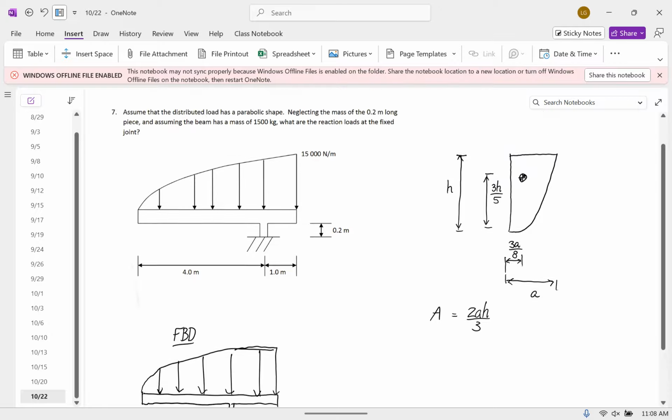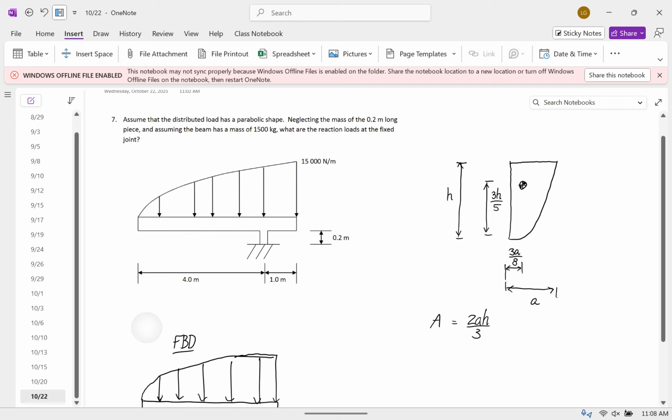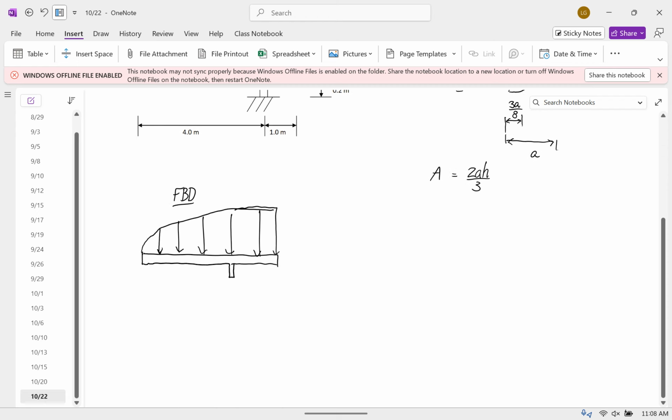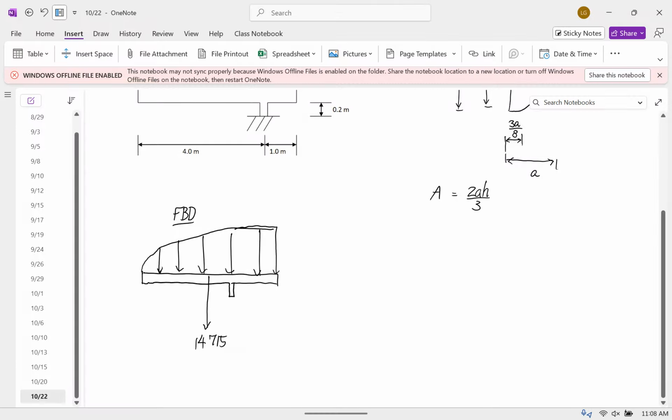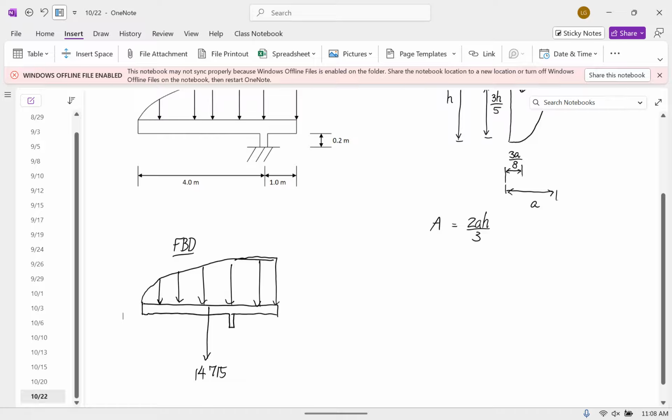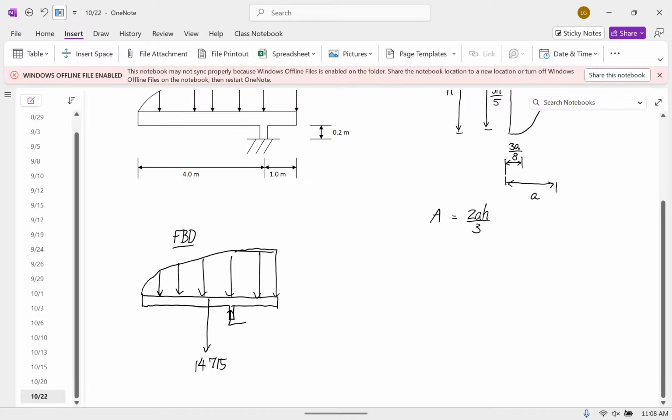And then the other loads, this has a mass of 1,500 kilograms, good Lord. So there's a weight of 1,500 times 9.81, which is 14,715, I think. And then we have a fixed joint with the ground, so this is R and then a couple M.